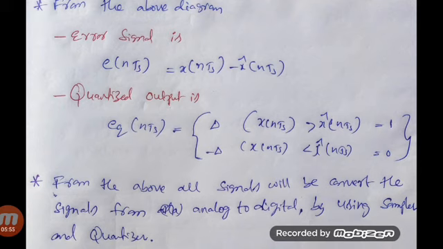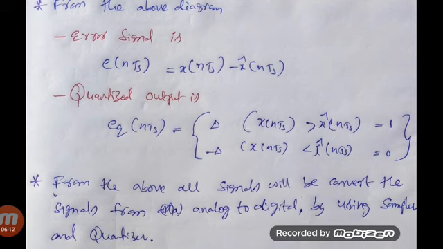The error signal e of nTs is equal to x of nTs minus x cap of nTs. That means x of nTs is positive and x cap of nTs is negative. The difference between the positive and negative signals is known as the error signal.